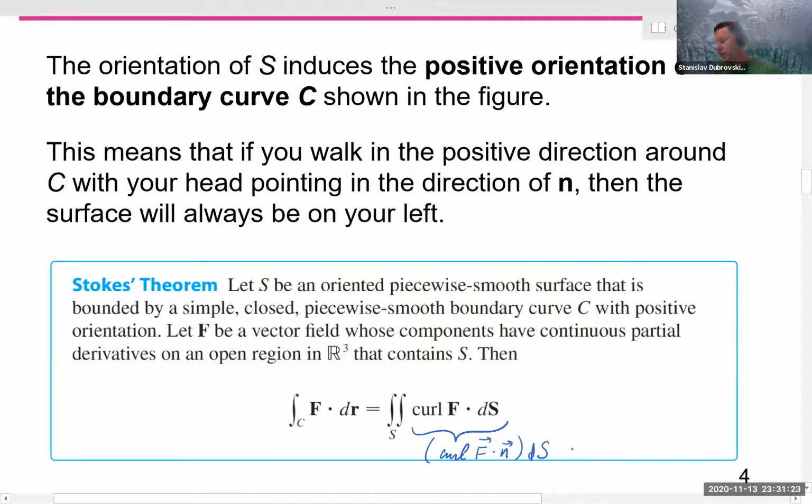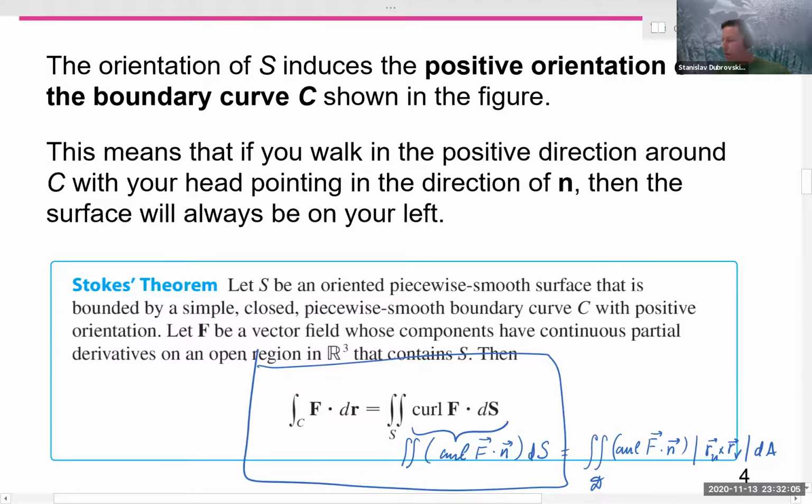So again, if your surface is given by parameters u and v, then you would set this up as curl f dot n, and then the magnitude of r_u cross r_v dA over the domain. The domain could be in the XY plane, where u and v could be x and y, or more complicated situations. But that is Stokes theorem in a nutshell.